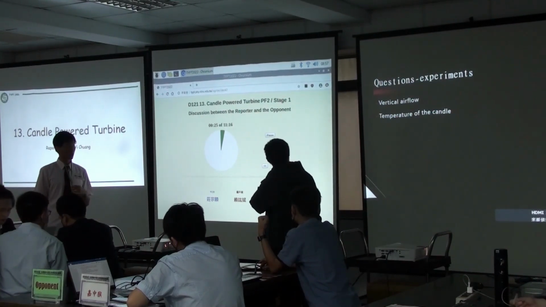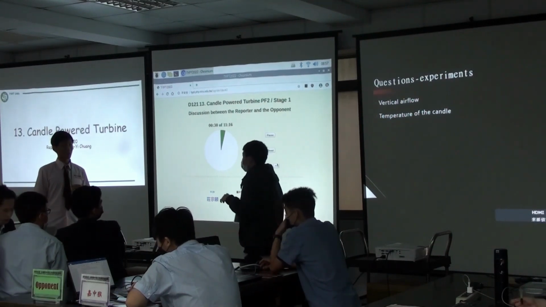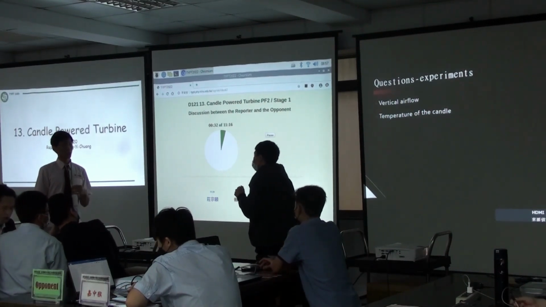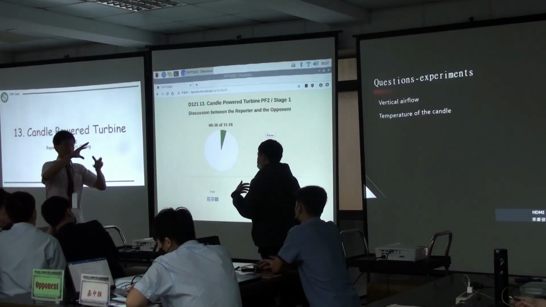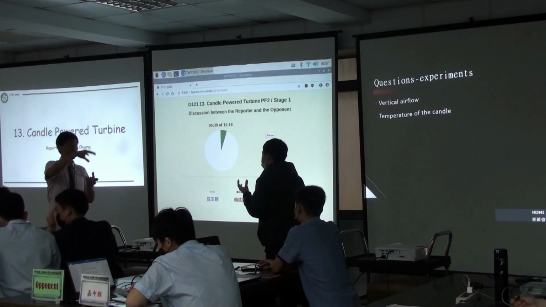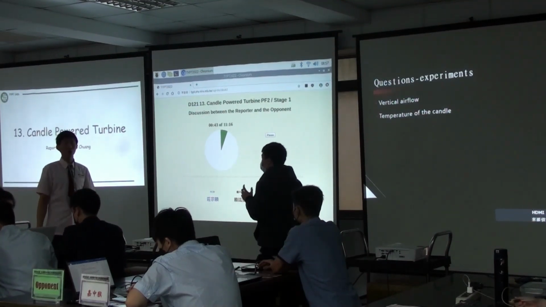I think there may still be vertical airflow. So you mean the airflow above our experimental setup or within our experimental setup? Above the. How do you think it will affect?